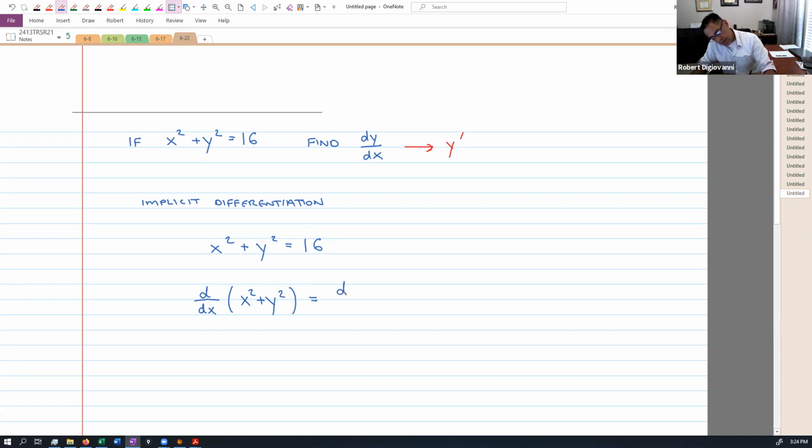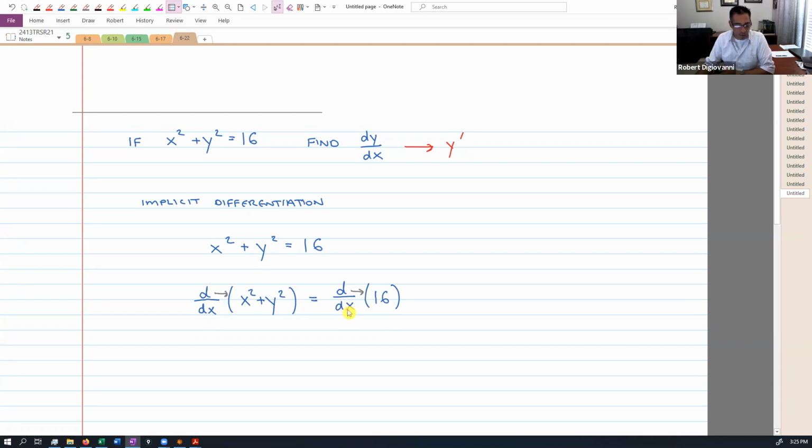And I'm going to do the same thing, taking the derivative with respect to x of the right side of the equation. Now, just so you understand this notation, the dx on the bottom again is telling me what the independent variable is. The d with nothing next to it just means we're going to take the derivative of this thing, treating x as an independent variable, and of this thing, treating x like the independent variable.